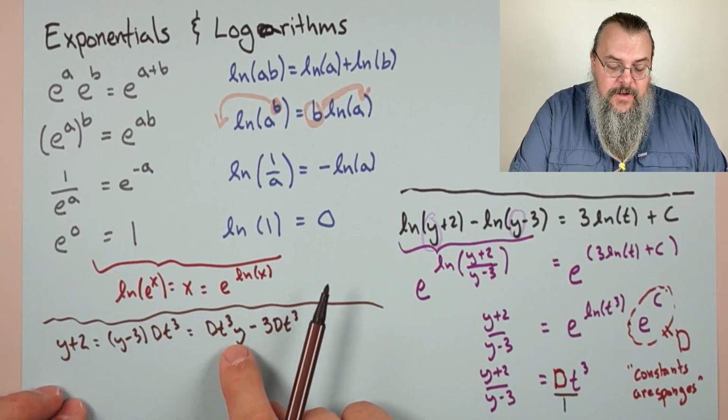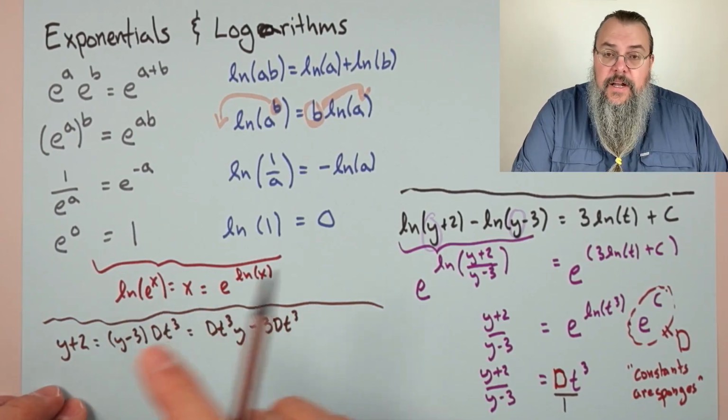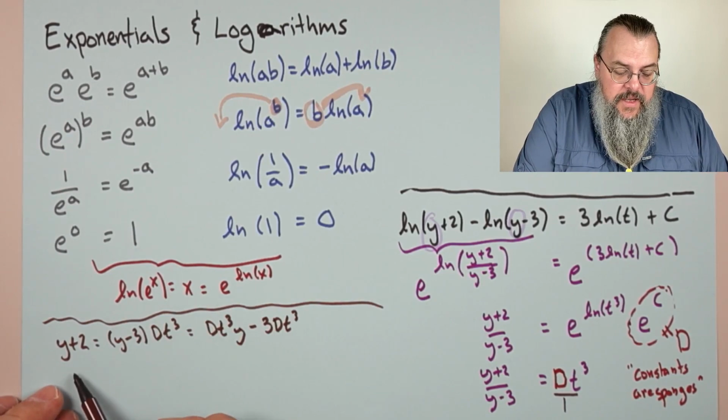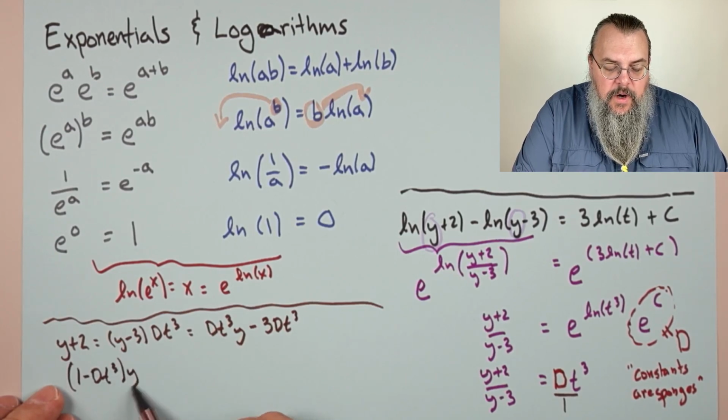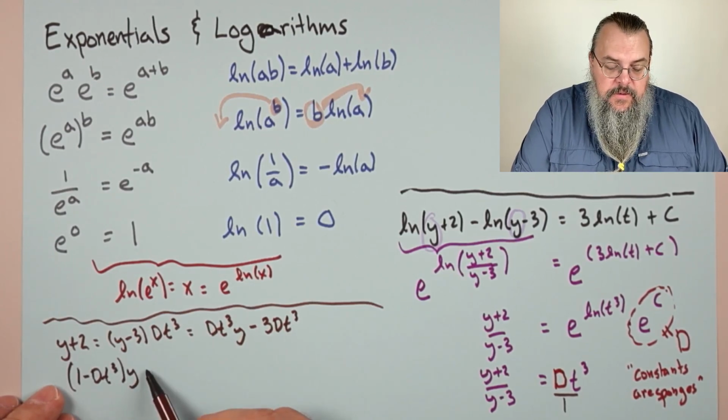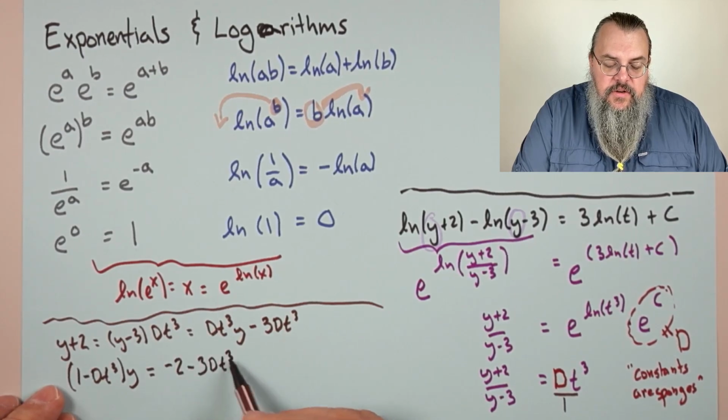All right, so when we subtract the y, I'll go ahead and factor it out because I'm running out of space. We'll get 1 minus D times t cubed times y equals, on this other side, minus 2 minus 3 D t cubed.